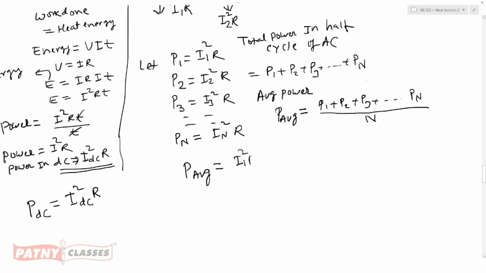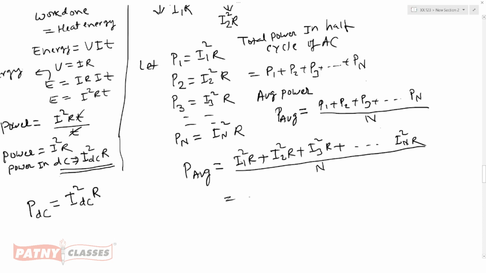That is I1 square R plus P2 value I2 square R and P3 value I3 square R and so on up to the nth value, that is In square R divided by number of division, that is N. Now taking R common, P average equals R into I1 square plus I2 square plus I3 square and so on In square divided by N. So this is the average power.